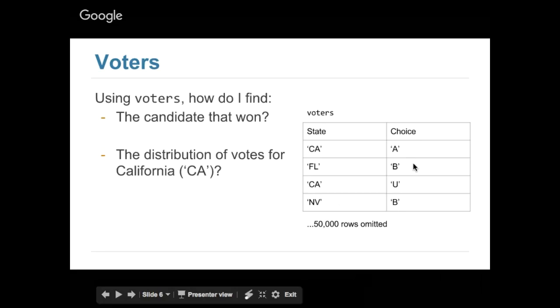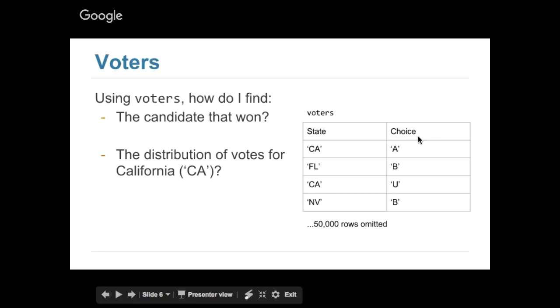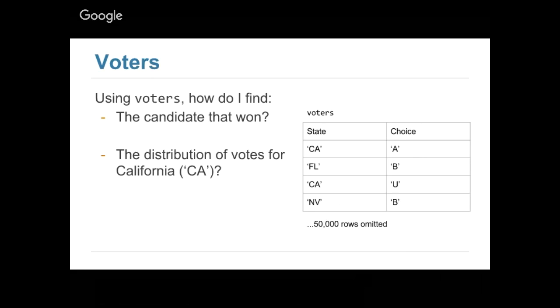One easy way to do that, so let's say I wanted just a table where I can see the winning candidate, the easiest way is to just group by the choice column. If I group by the choice column, I get a column, and then since I have a count as a second column, that would be the easiest way to see at a glance which candidate won.